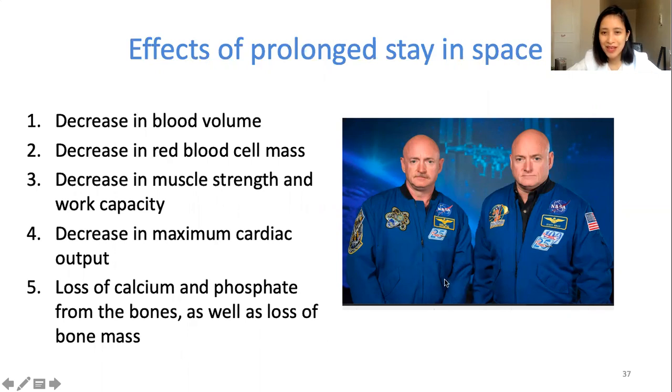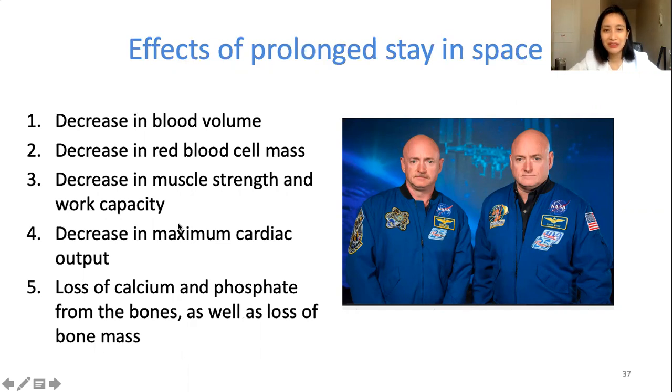One of the twins went into space, and one of the twins stayed on Earth. And they looked at the changes after the twin returned from space. Because they're twins, they're genetically identical, okay?